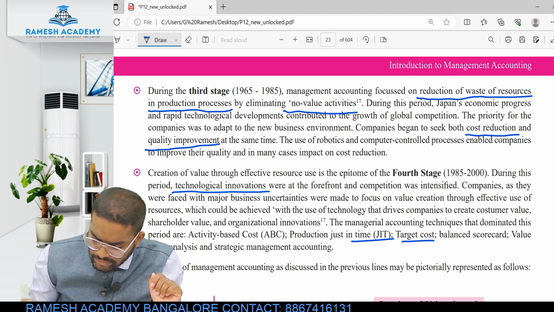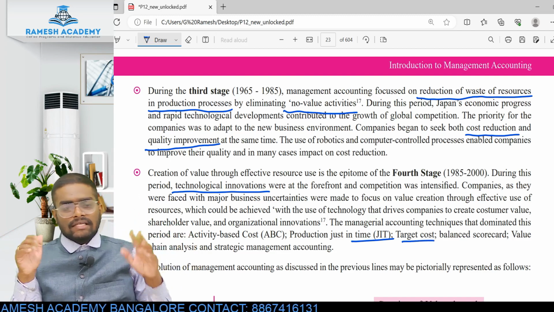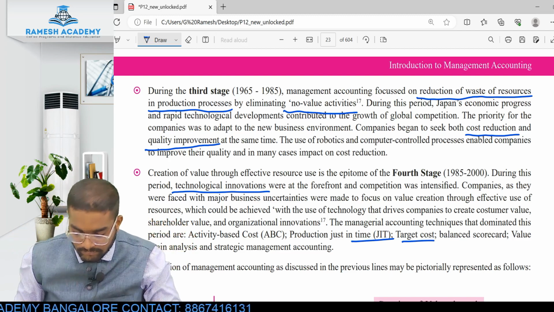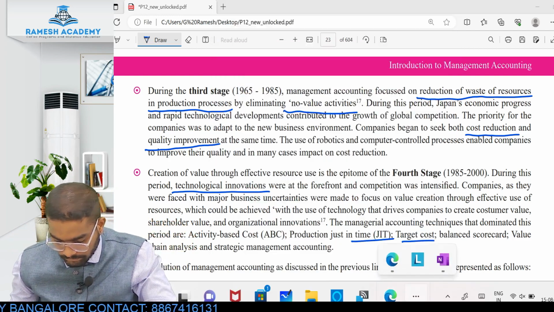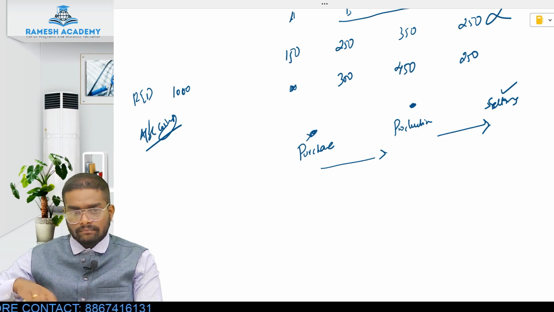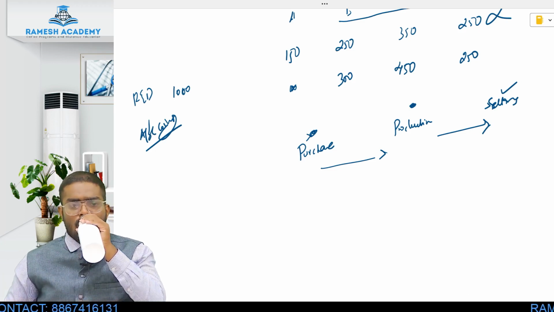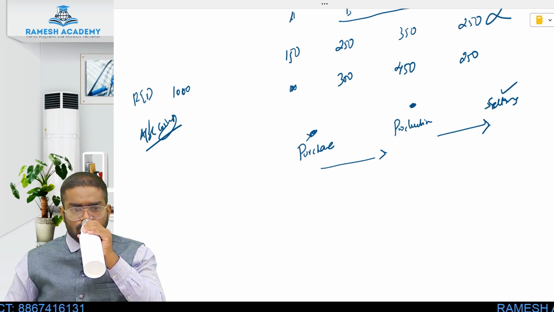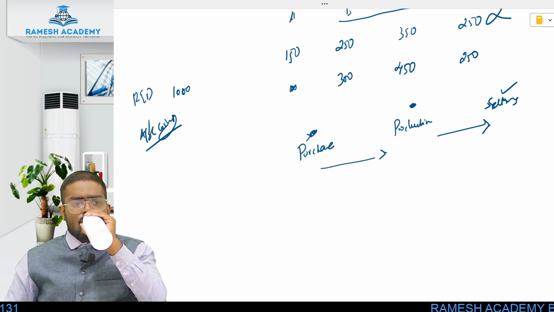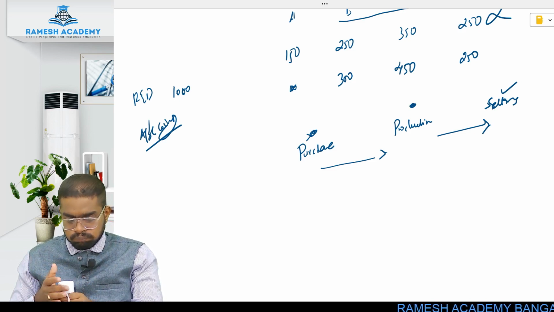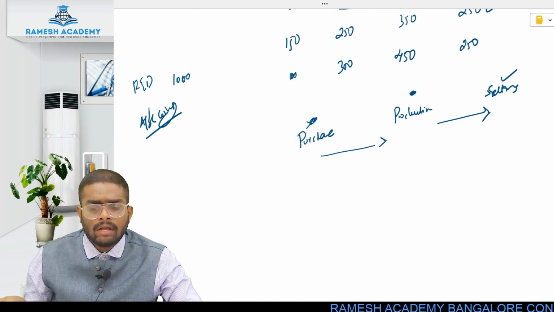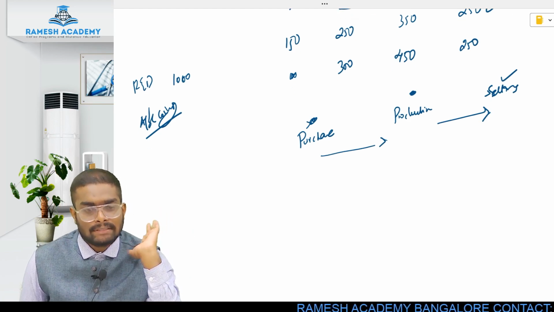Next, we had target cost. See, target cost, as I told earlier, is nothing but, earlier, how do we determine the price of a product?